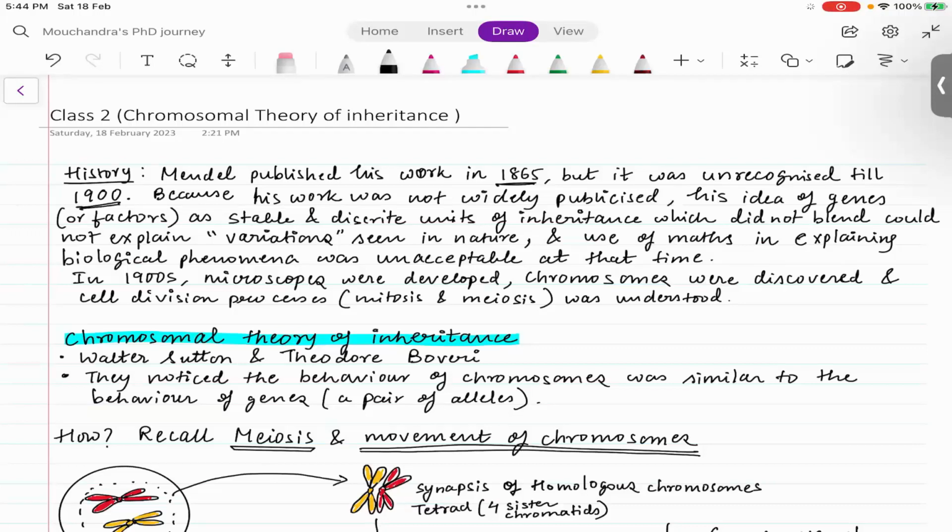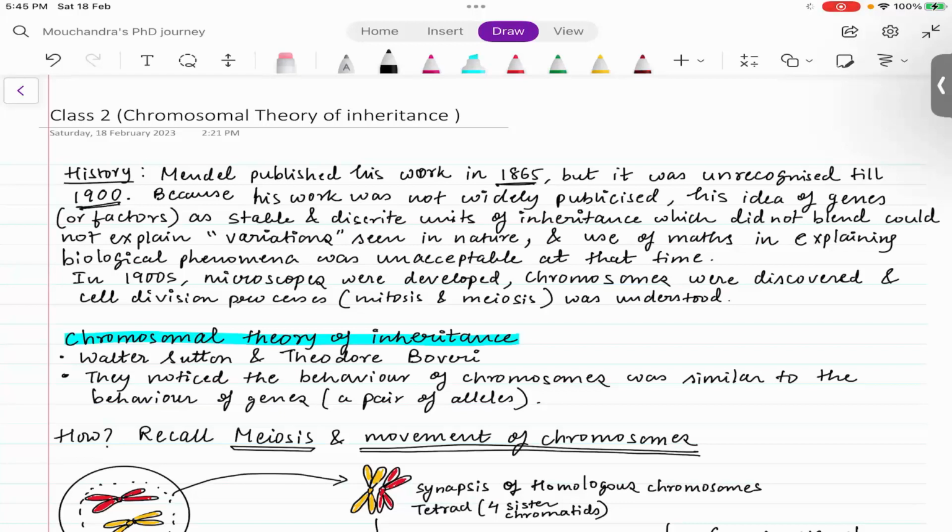And these experts were not very happy with the concepts he gave. He told, in his words, that the factors, the genes, are stable discrete units, and these units do not explain how the variation is observed in nature, as he showed that these genes do not blend with each other. So if there is no blending, how are they resulting in variations?